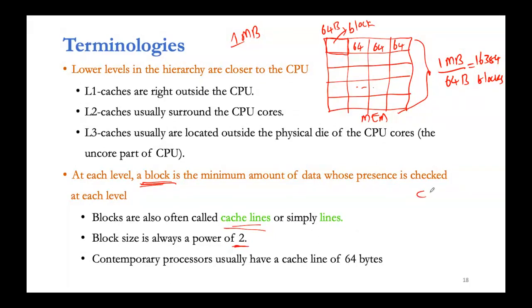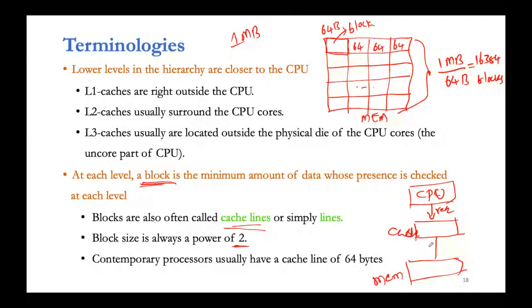As we saw in the previous example, when the CPU is going to execute instructions, first it requests to access the data in the cache. If it is not there in the cache, the request is forwarded to the main memory.